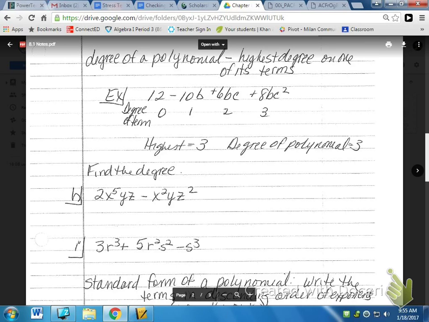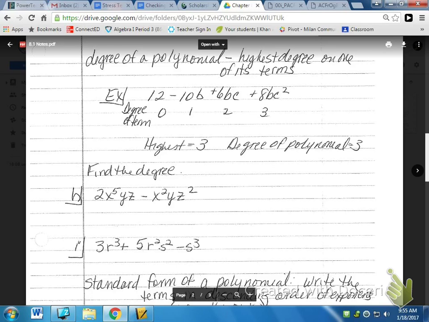And 8bc squared has a degree of 3. Now, don't add all those up and say that's the degree of the polynomial, because that is not true. You pick out the highest one only, and in this case it's 3. So the degree of that polynomial is 3. It's not 6. It doesn't say to add them up all the way across; it says find the highest one and go with that.